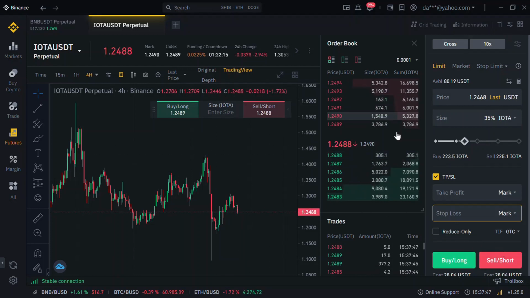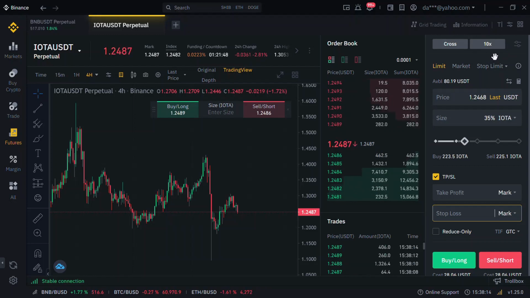Like I said, the order book here is just like an accounting section of the contracts that shows you the buy and sell orders, that is the long and short orders. And for leverage, like I said, your leverage increases your profitability, and at the same time it increases your losses too.